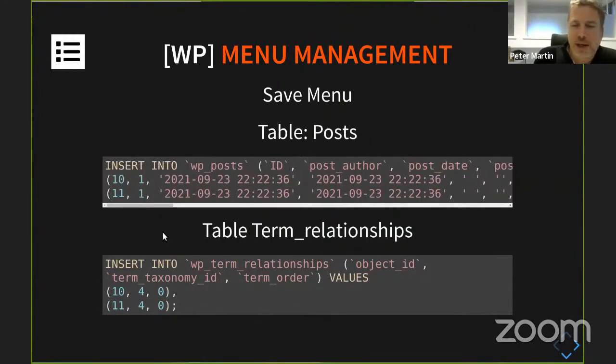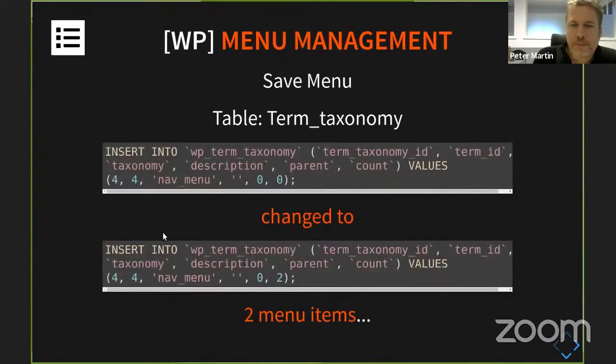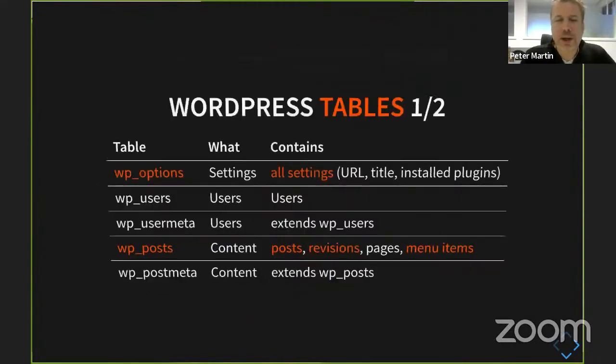And we also have something in the taxonomy after we changed it. And you can see now that the nav menu changed from 0 to 2. So now we have 2 children underneath this category, which is a bit weird to store in a database while you can do it with a database query.